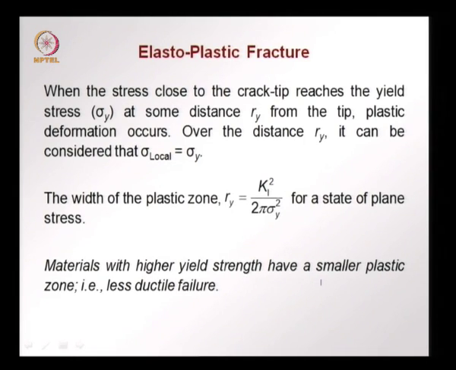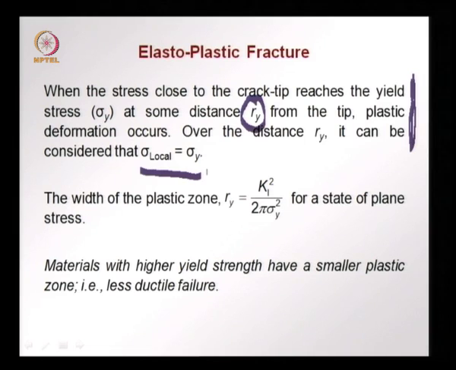This plastic zone that forms in front of a ductile material that is cracking can be quantified. As we said, when the stress close to the crack tip reaches the yield stress, there will be a region where it is yielding over a distance r_y. Plastic deformation occurs in this region, and we can consider that the stress over that region is equal to the yield strength. The value of r_y, which is the width of the plastic zone, is given by K1 squared divided by 2 pi sigma_y squared when there is a state of plane stress.